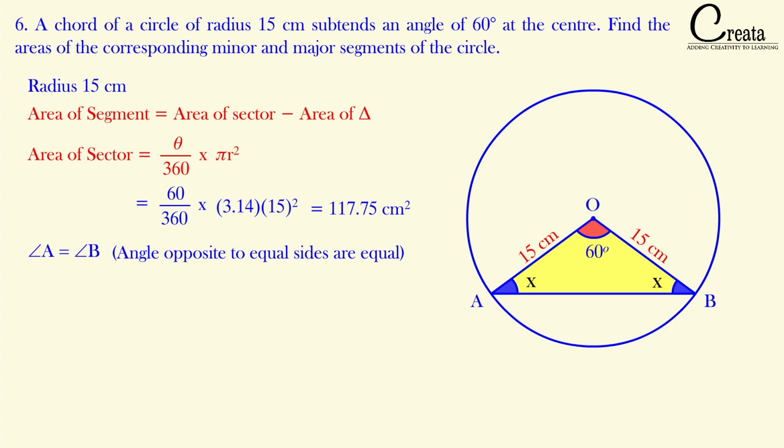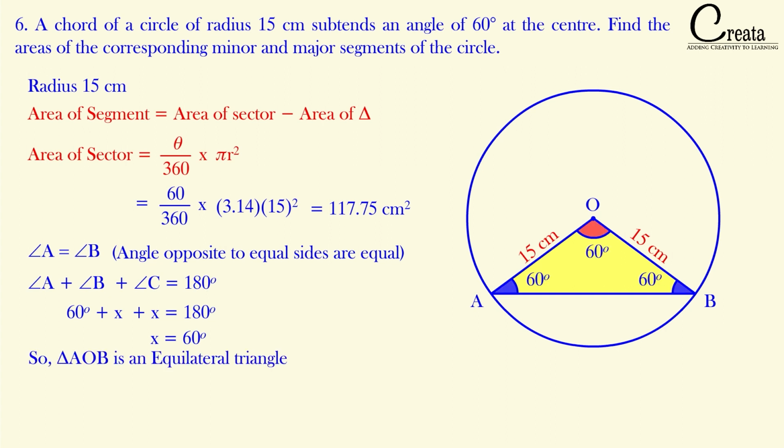We also know the sum property of a triangle, that the sum of three angles of a triangle is equal to 180 degree. So 60 degree plus 2x is equal to 180 degree. On solving, we got angle x as 60 degree. It means all the three angles of the triangle are equal to 60 degree. That is an equilateral triangle.